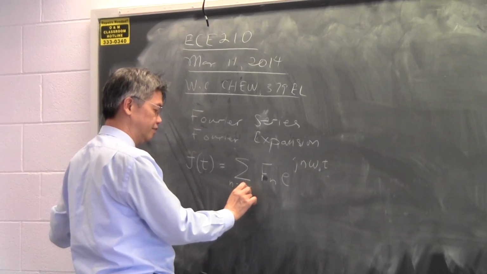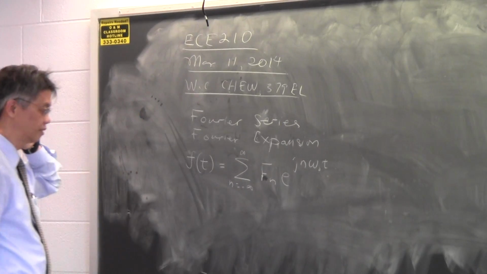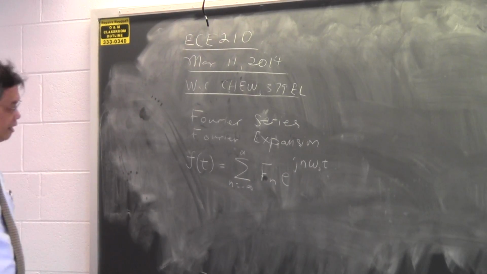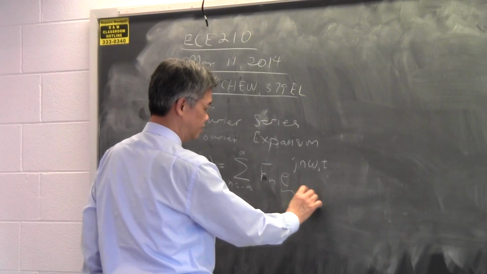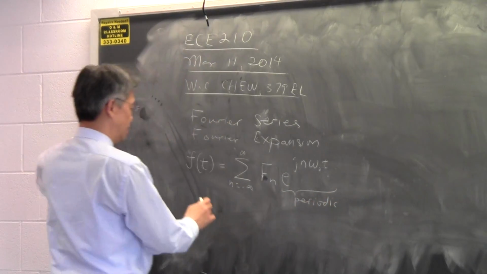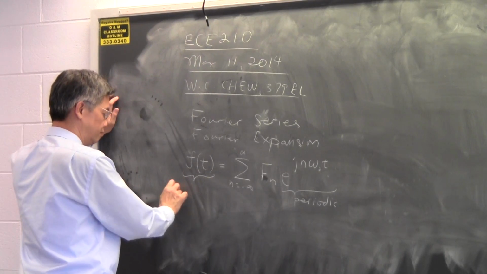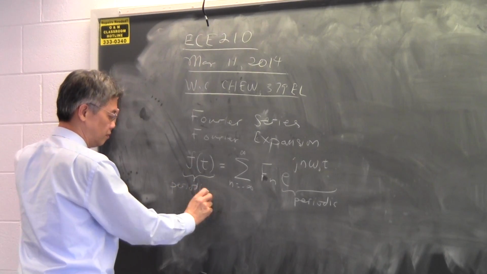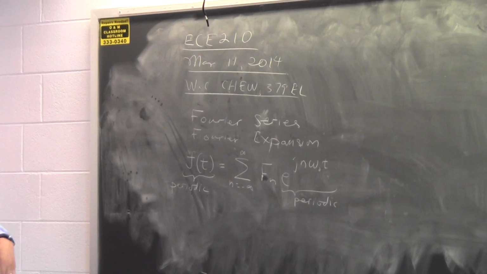Okay, n goes from minus infinity to infinity. You can see that this is periodic, and this is also periodic. And if these two conditions are satisfied, then this expansion is true.